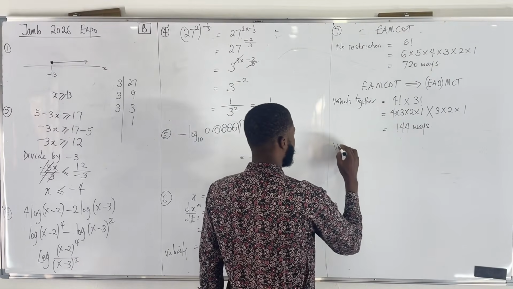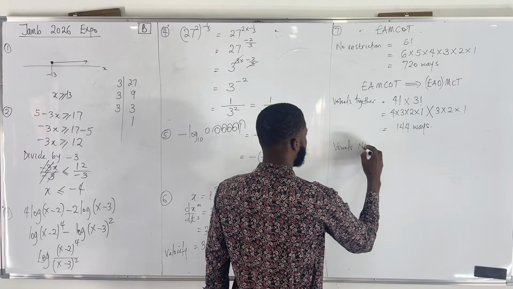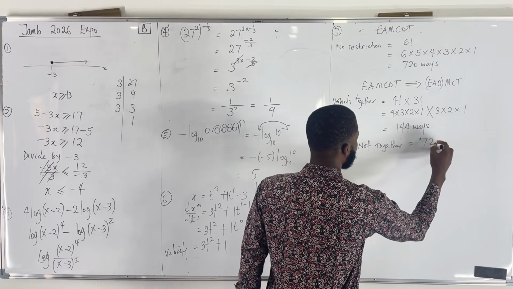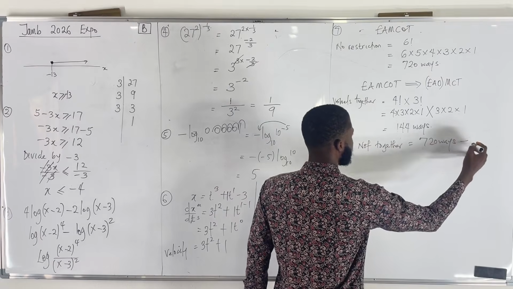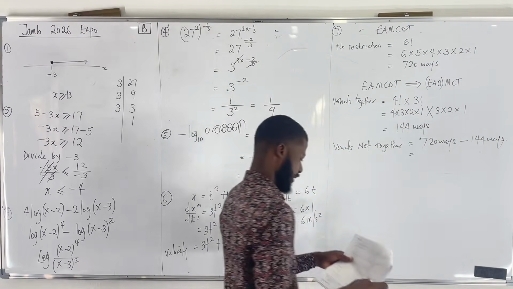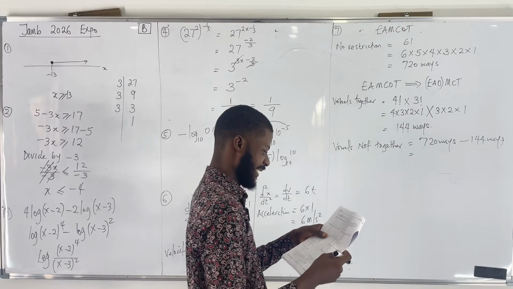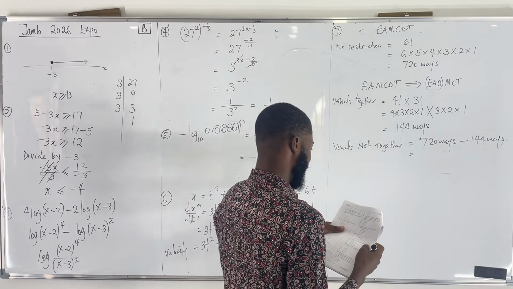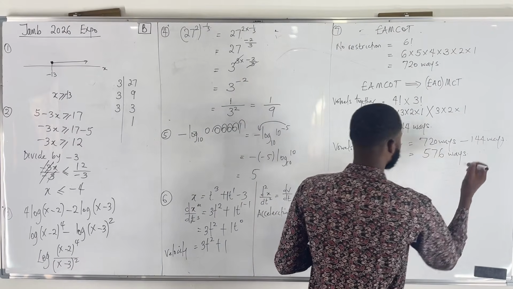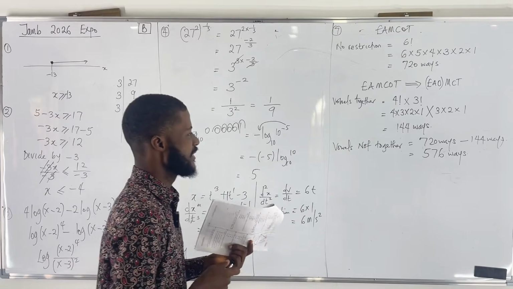So vowels not together will be 720 ways take away 144 ways. Can I really subtract that straight ahead? Yeah, I think I can. This will give you 576 ways.